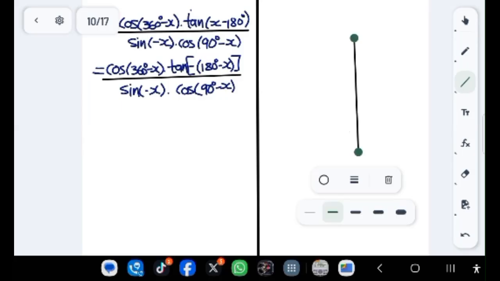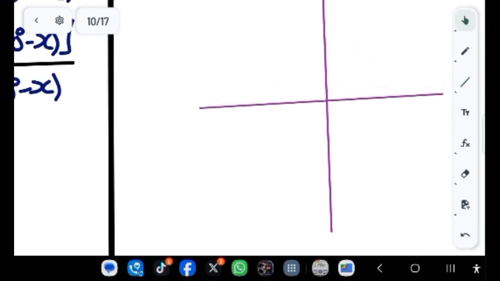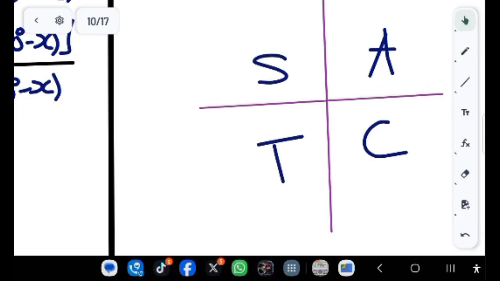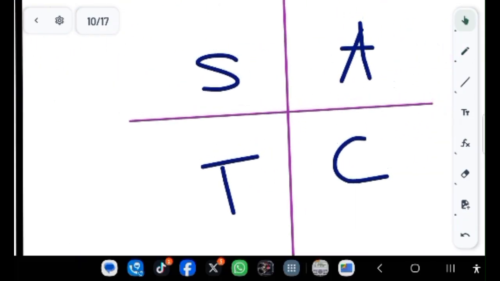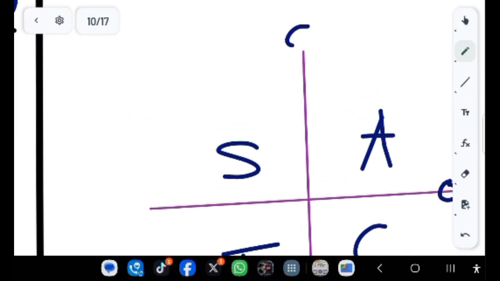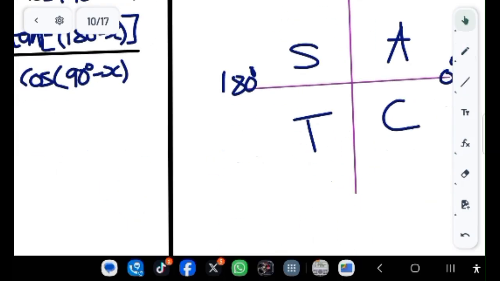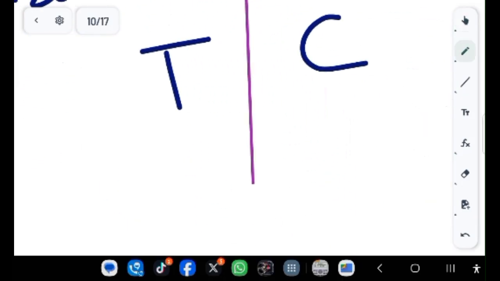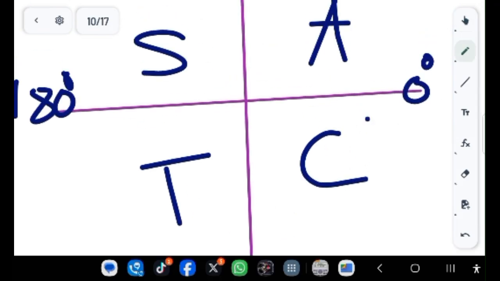Okay, let's do a quick CAST diagram there. I'm going to delete this as time goes on. So that will be 0 degrees, 90 degrees, 180, 270 at the bottom, and that takes us back to 360 at 0 degrees.